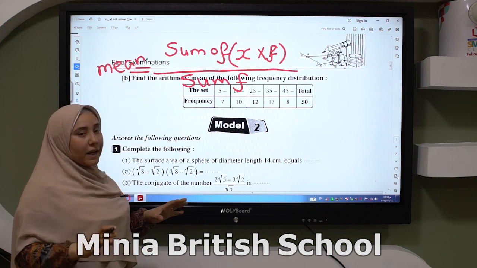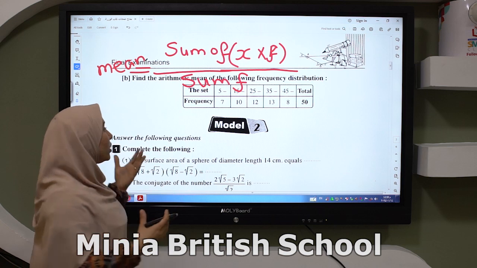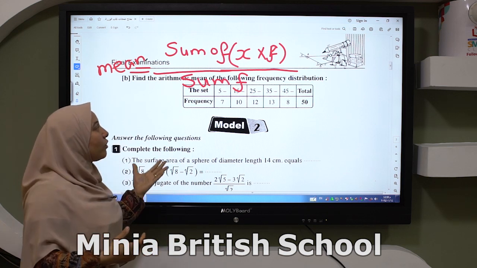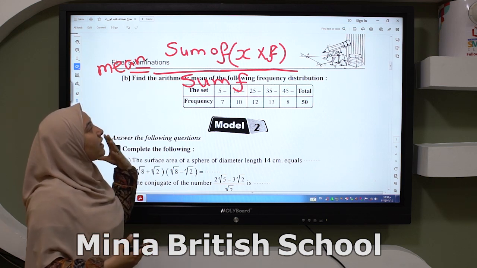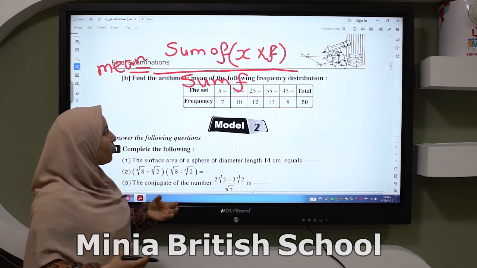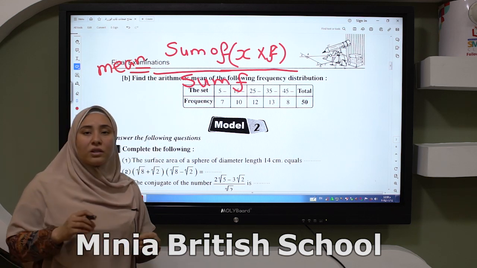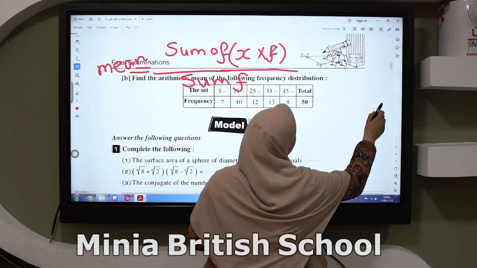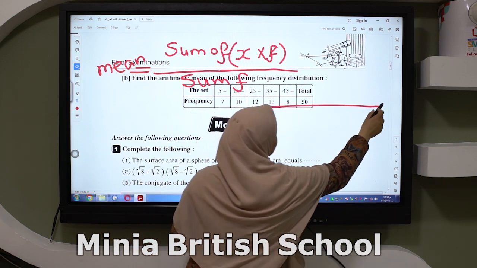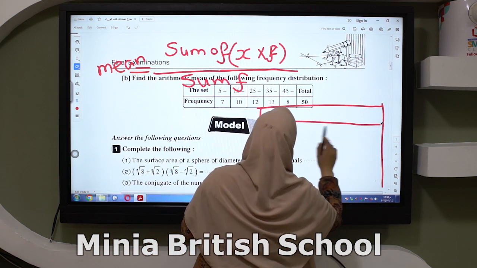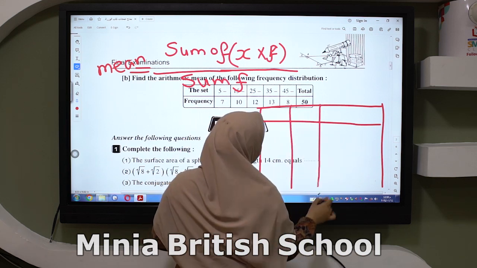Now you need to make a table to find the center of the set and then find x times f, where x represents the center of the set. Now I will make a table and divide it into 4 columns.